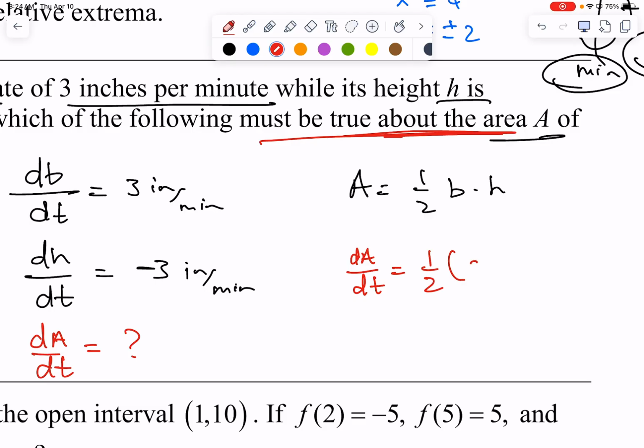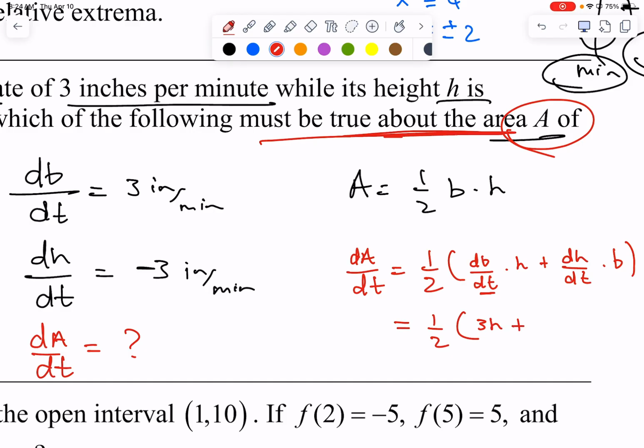So it'd be dB/dt times H plus dH/dt times B. And all we're going to be able to say is what we can say is true about area. So 1/2, this would be dB/dt is 3H plus, or minus, because it'll be minus now, because dH/dt is negative 3B.